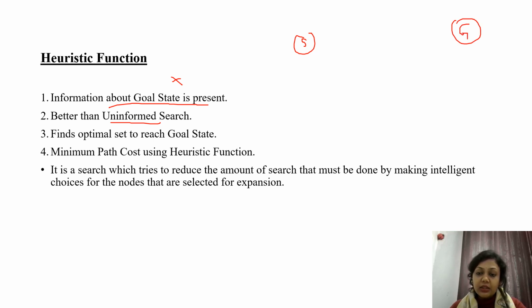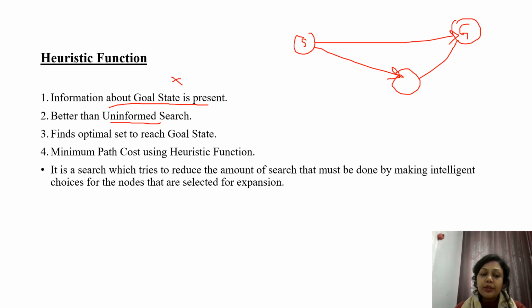In informed search, we will be given information about the heuristic node, whereas in uninformed search, there is no information to go on. Suppose we have to go via this node and no information is given. So it will be a time taking process.